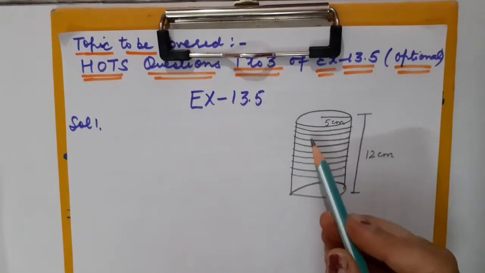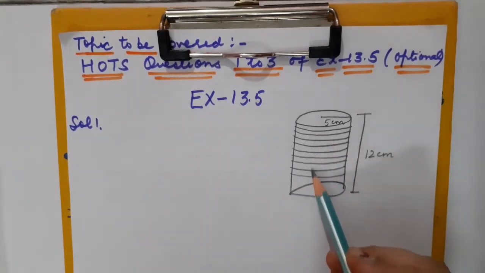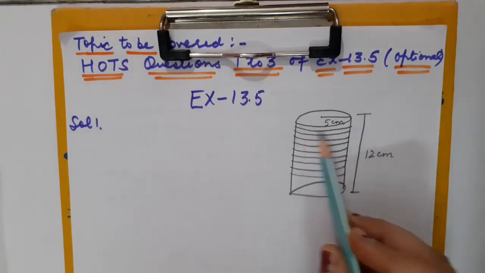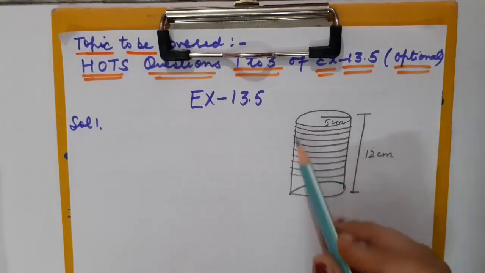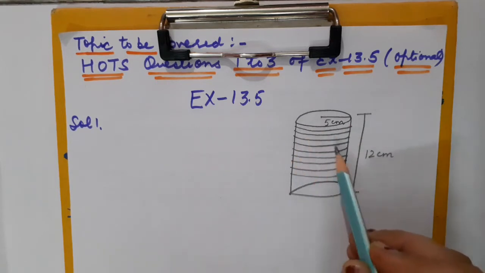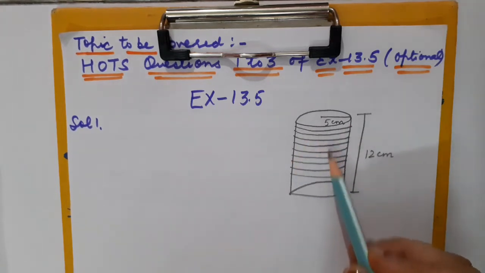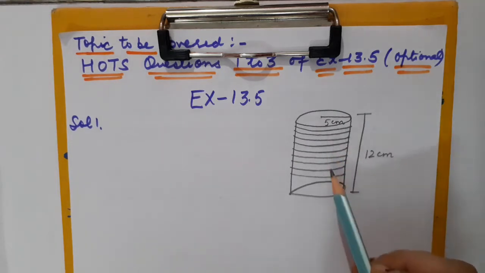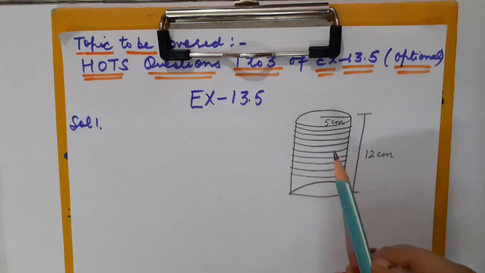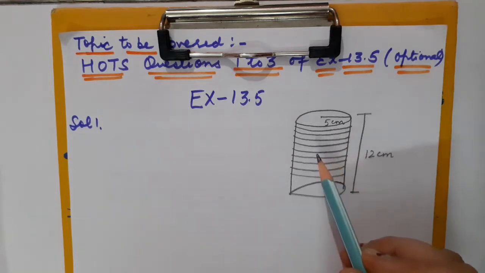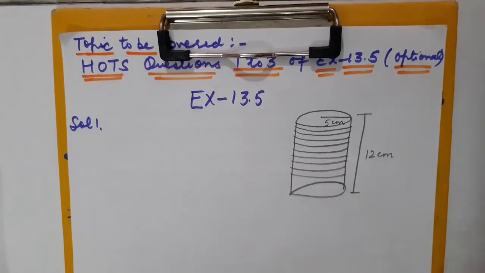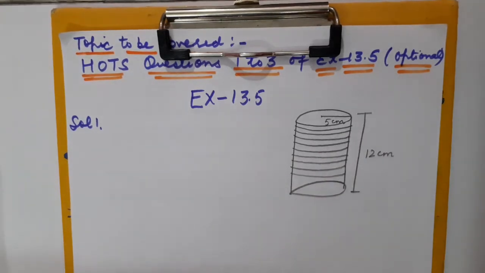We are supposed to calculate the length and the mass of the wire. Meaning when the wire was wound around the cylinder, what is the total length of the wire used, as well as what is its mass. Assuming the density of the copper to be 8.88 gram per cubic centimeter. Correct, children? So let us start solving this question now.